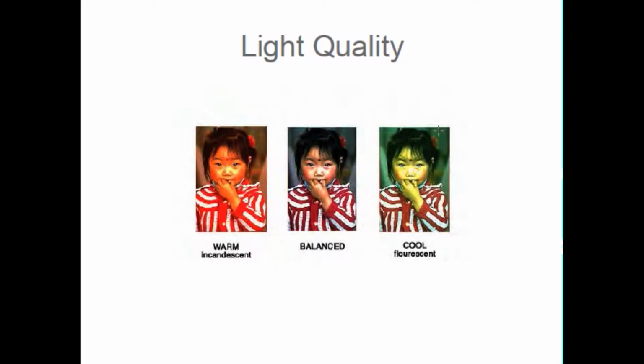If you took a photo under a luminescent light source, it would have an overall cool light quality to it. And then something outdoors, especially toward noon or midday, would have a balanced sense, so the color would be much more accurate and be seen as real light or daylight.